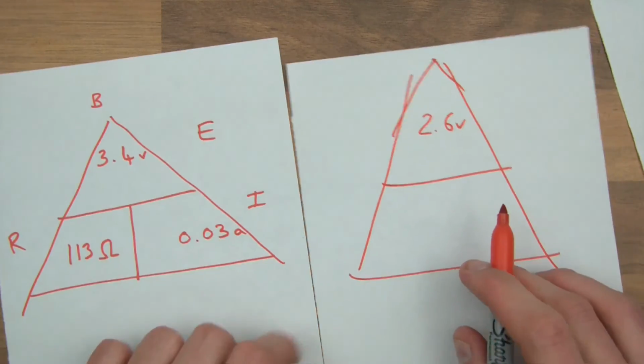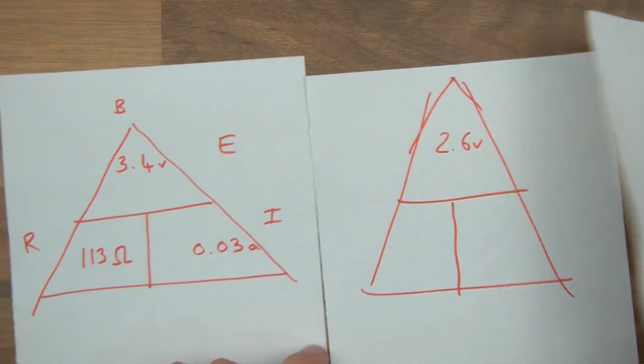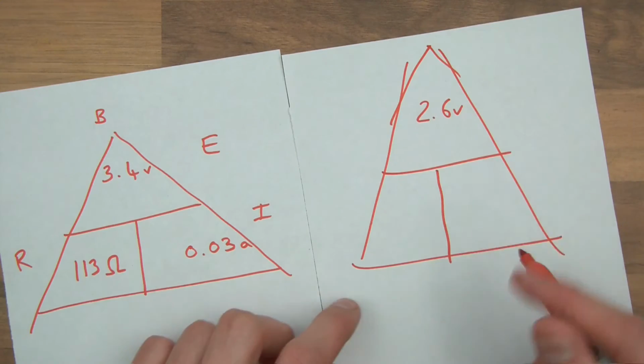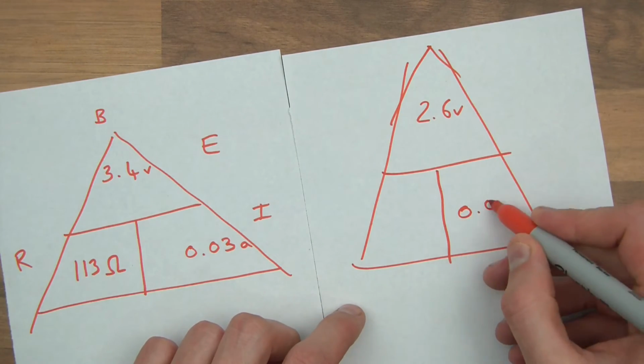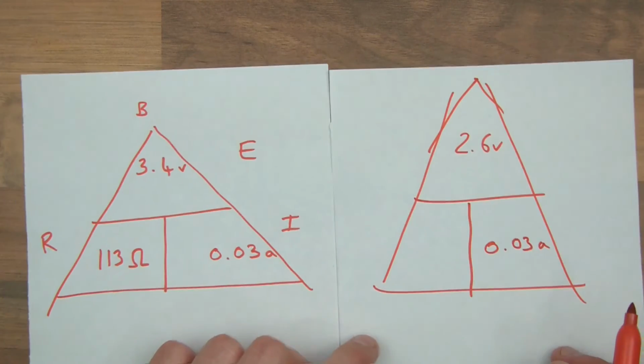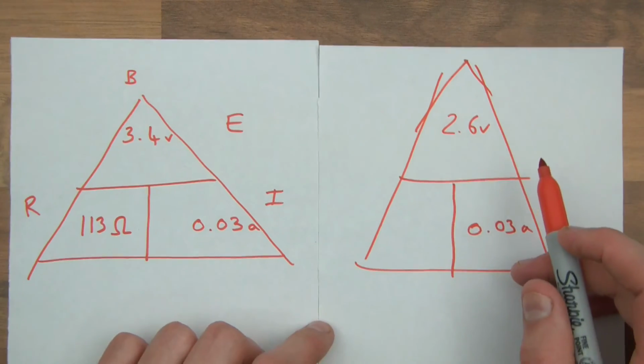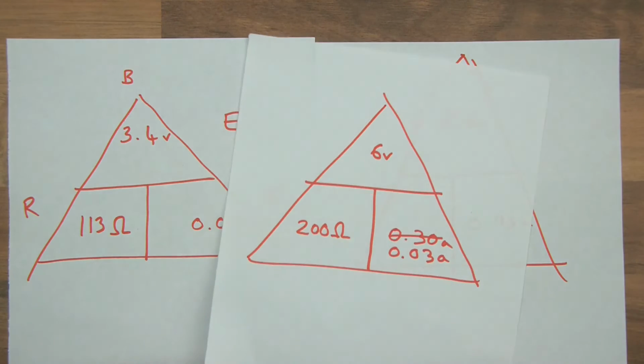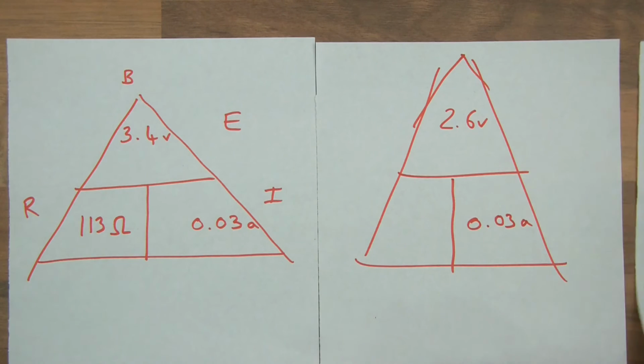and we want to test that we've got the resistance correct. So I'm not going to use resistance, I'm going to use the milliamps again, so 0.03 amps. Now if I use Ohm's law again, 2.6 divided by 0.03 should give us 87 ohms. Let's check this out.